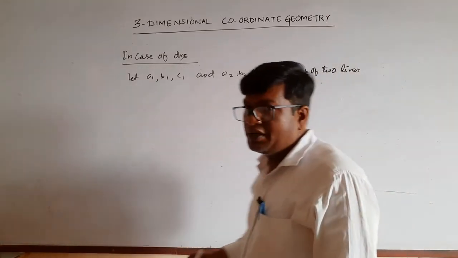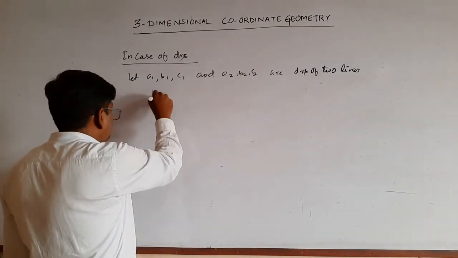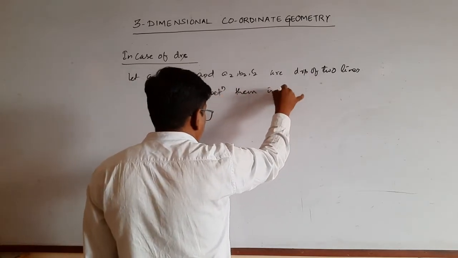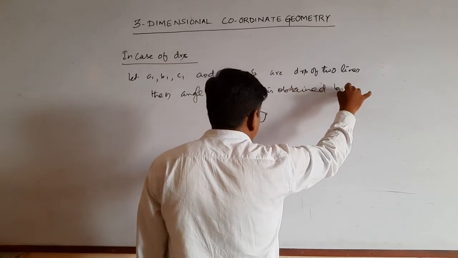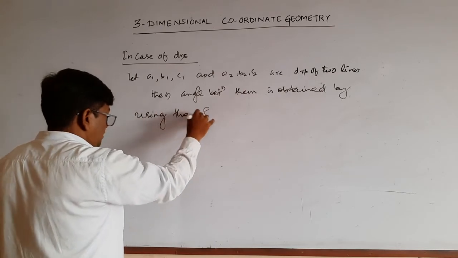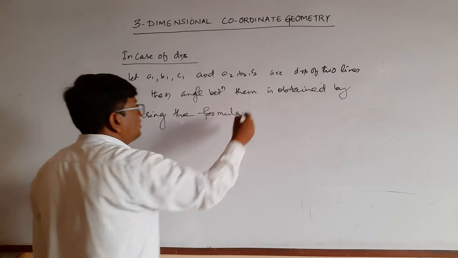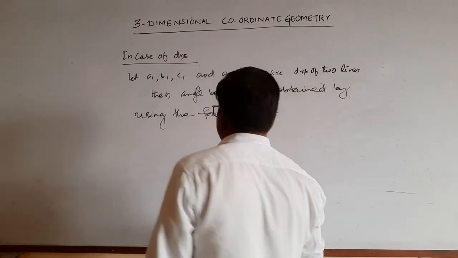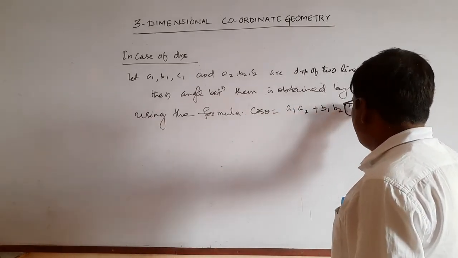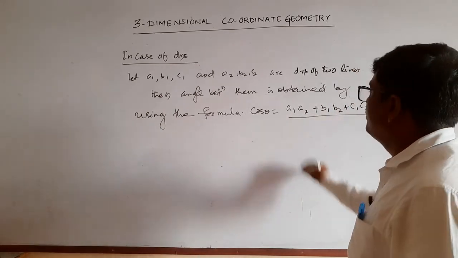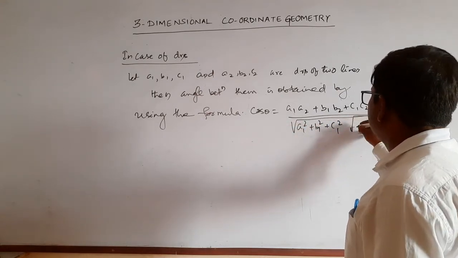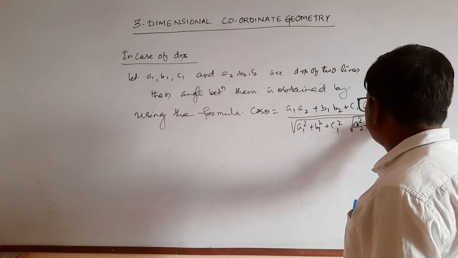Then the angle between them is obtained using the formula cos theta is equal to A1 A2 plus B1 B2 plus C1 C2 divided by square root of A1 square plus B1 square plus C1 square into square root of A2 square plus B2 square plus C2 square.